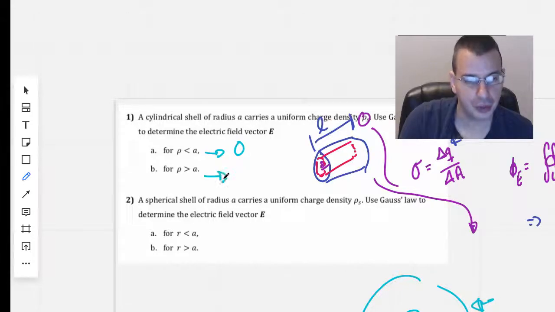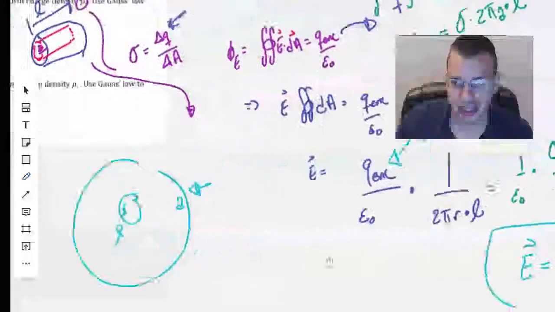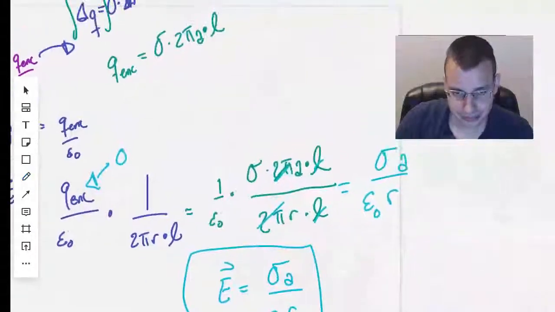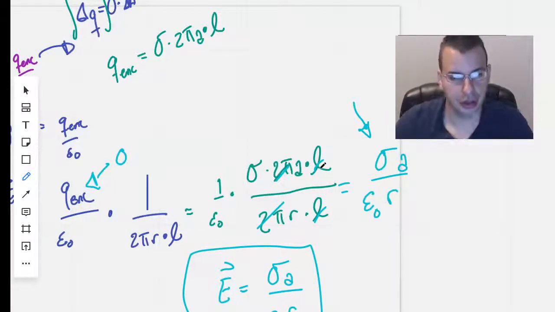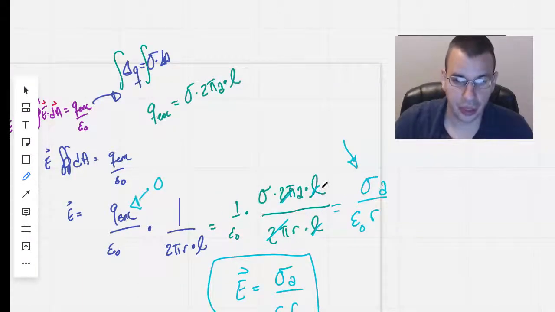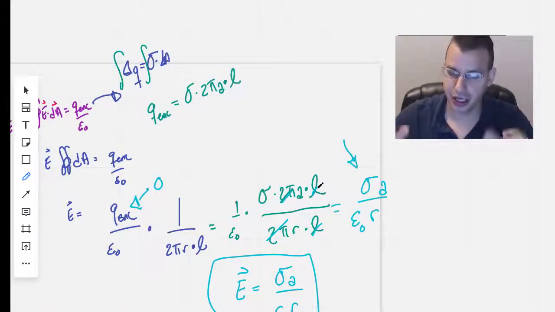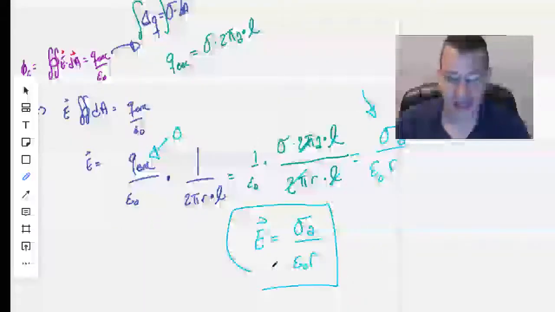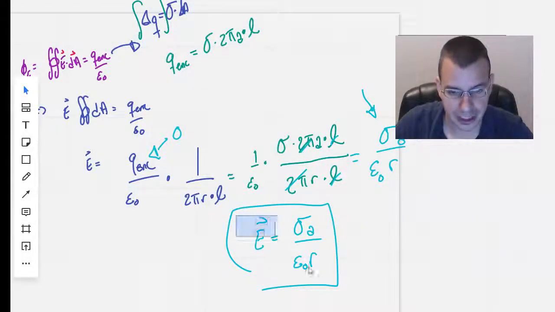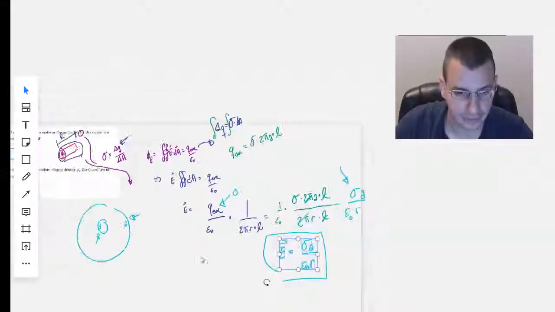Now for this one though, where R is bigger than A, we do have some Q enclosed, and that Q enclosed is going to be represented this way that we did before, that I showed you here. And so then we use the surface charge density, find the enclosed charge, do some canceling, and that's when we get this answer right here.